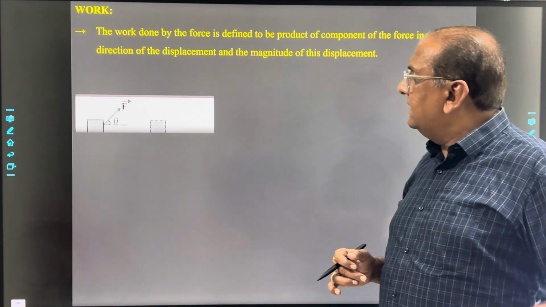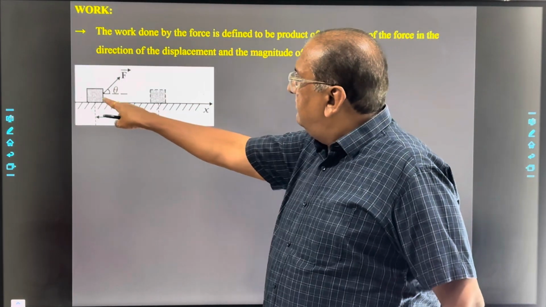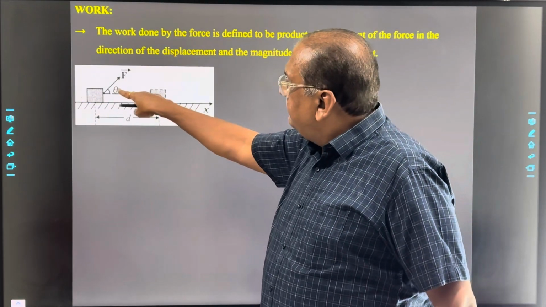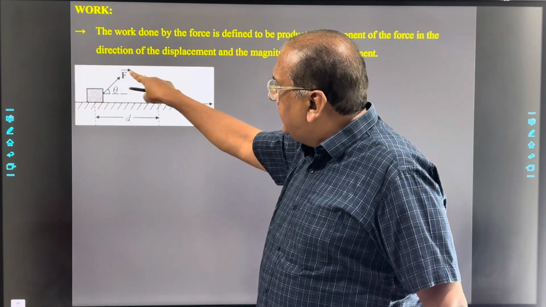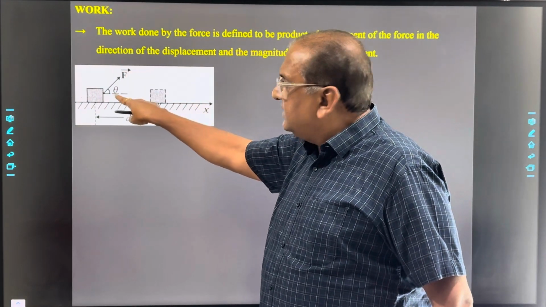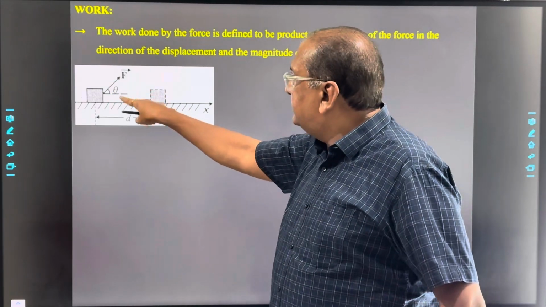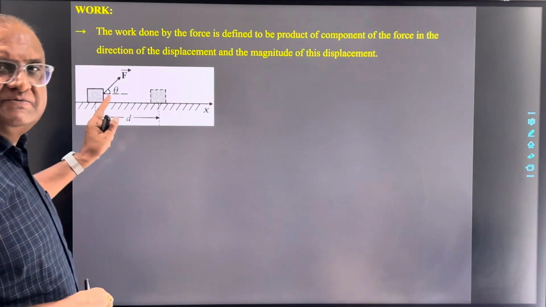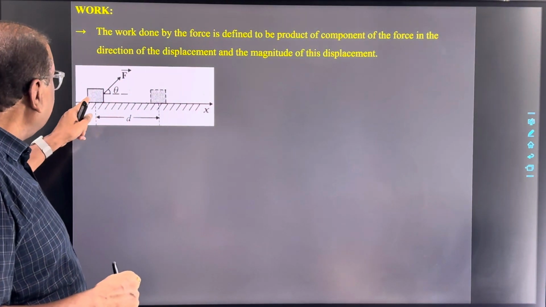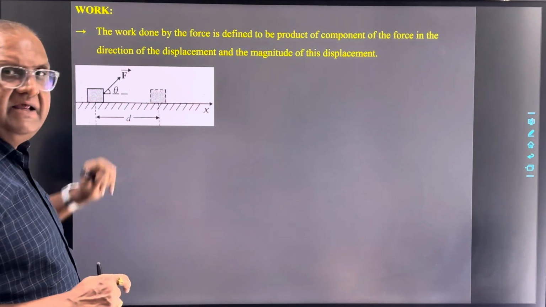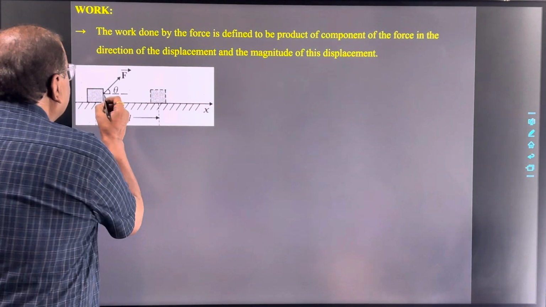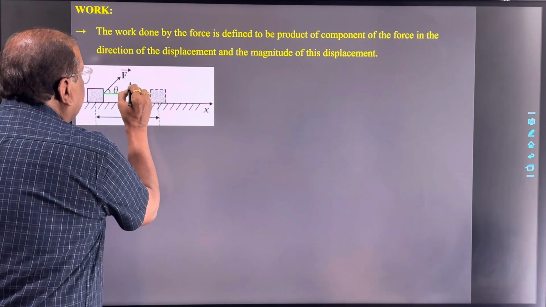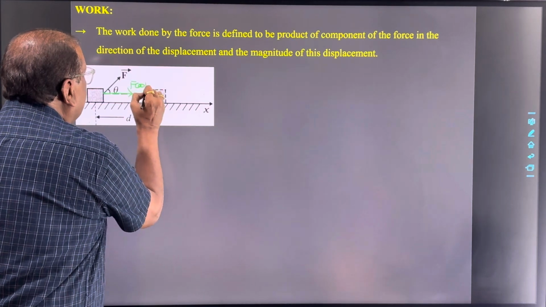Now see here, suppose we have a block placed on the horizontal surface, and as shown in the figure, force F is applied on it in the direction making an angle theta with the horizontal direction. Suppose under the effect of this force, the block is displaced by D. So the component of the force in the direction of the displacement is F cos theta.